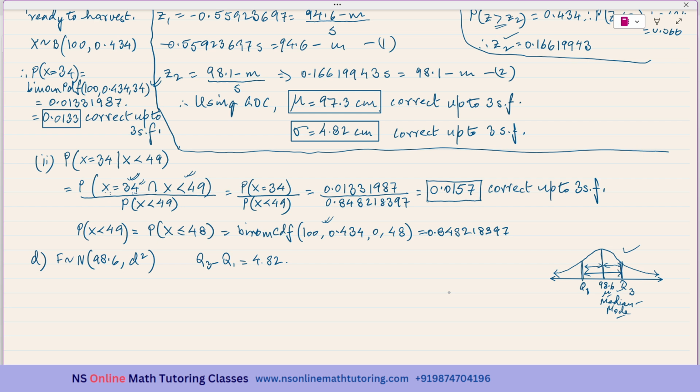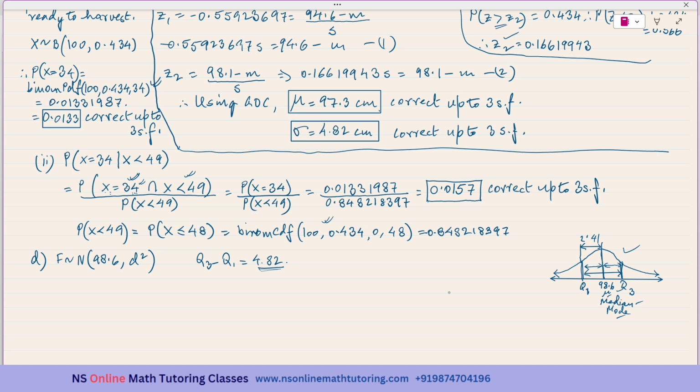So since the entire interquartile range is 4.82, I can say that this part is 2.41.